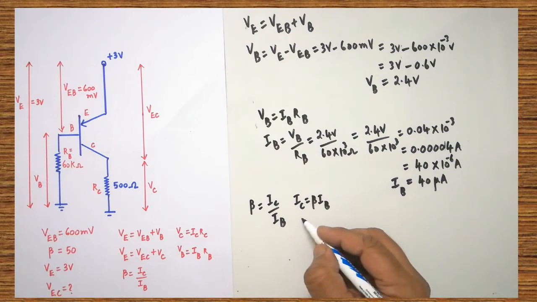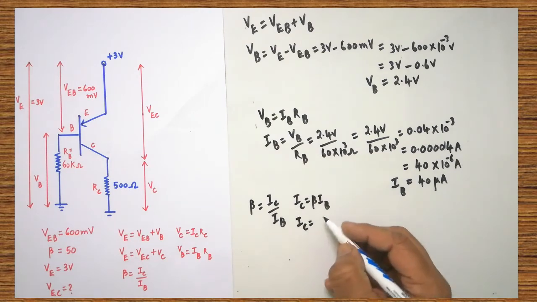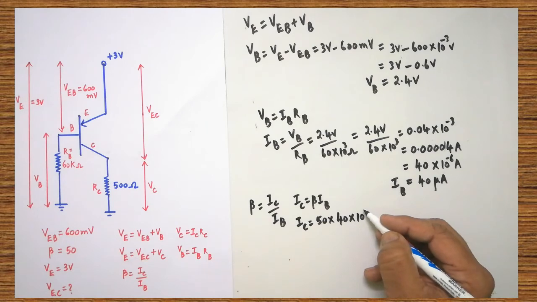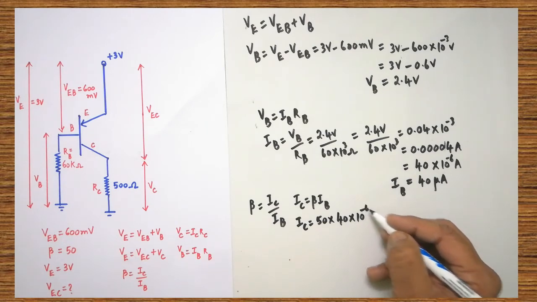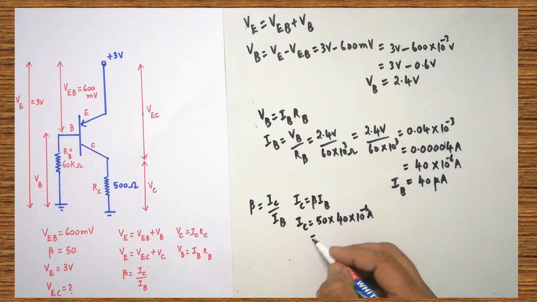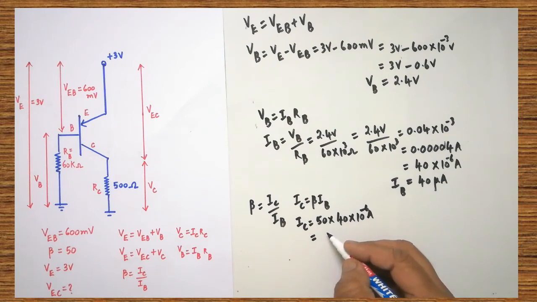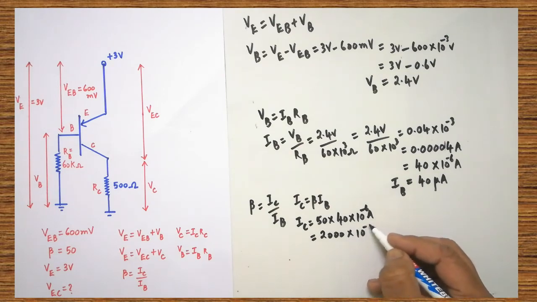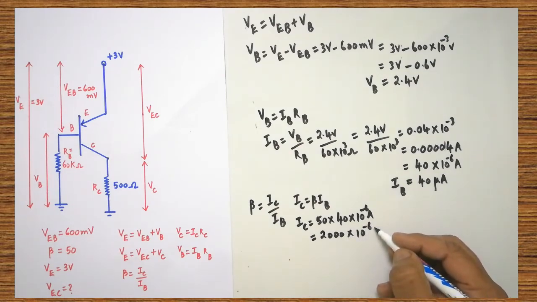So in the formula, IC is equal to beta value is 50. Are you clear? IB value is 40 microampere. That could be written as 40 into 10 to the power of minus 6 ampere. After simplification, 50 into 40 is equal to 2000 into 10 to the power of minus 6 ampere.